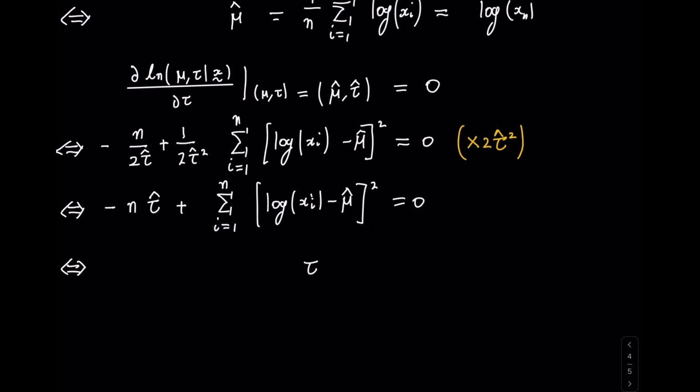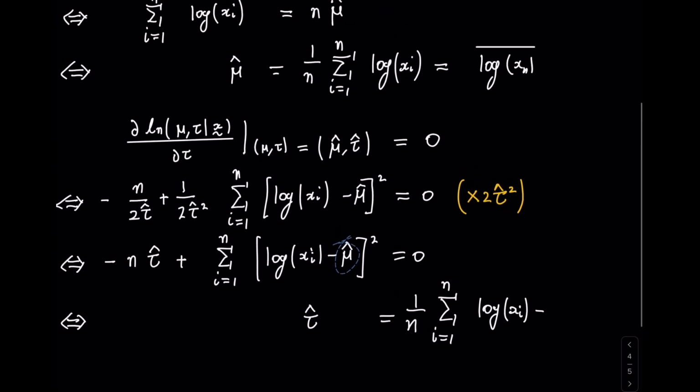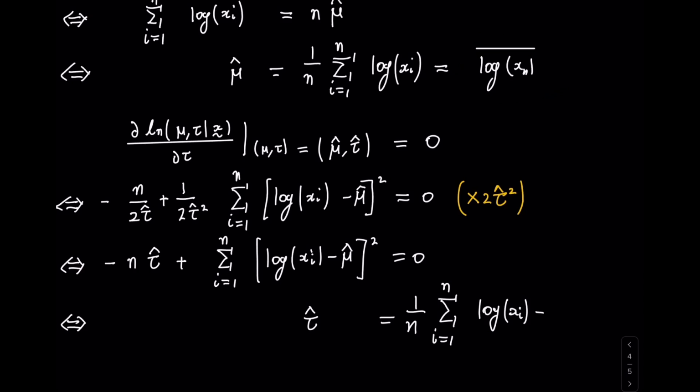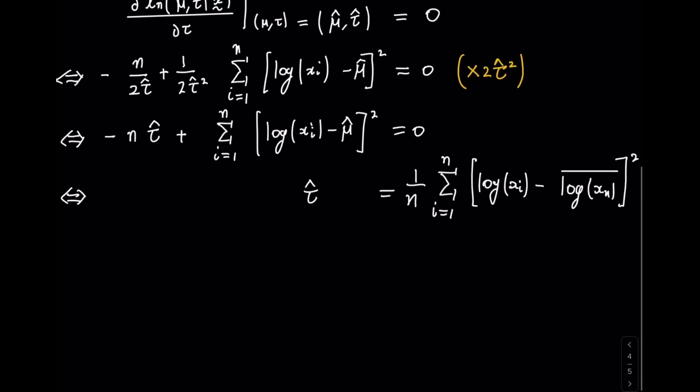So this actually leaves us with tau hat is 1 on n, sum i equals 1 to n of log xi minus, now our mu hat, I'm going to substitute in the expression we derived for mu hat above, which was the average value of the log x's of our data set here. And here we have it, we have our maximum likelihood estimates.